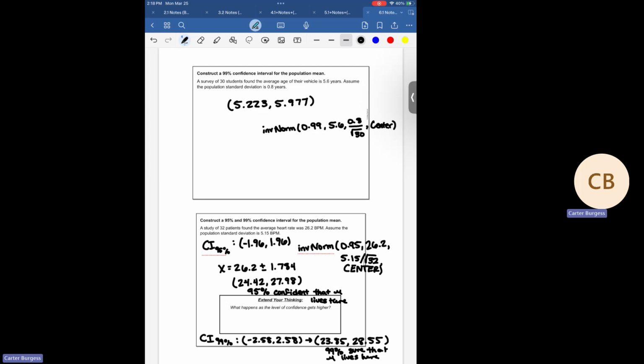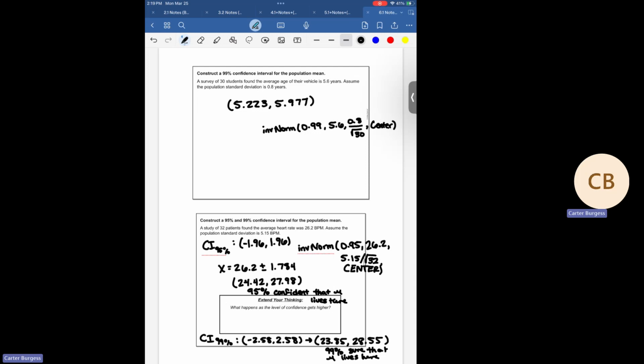Assuming we know the population standard deviation, yes, that will always be how we do it. Now, there will be cases that we look at later on, not today, where we do not have access to that information, in which case we will need to do what is called a t-test instead of a z-test, or a t-interval rather than a z-interval. And it's slightly different. We have to do some finagling in order to make that work, but we'll cross that bridge when we get there.